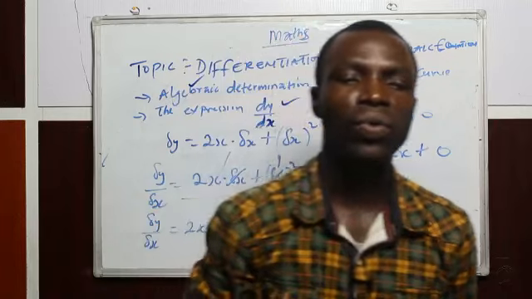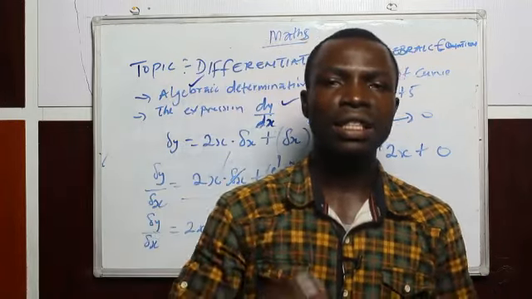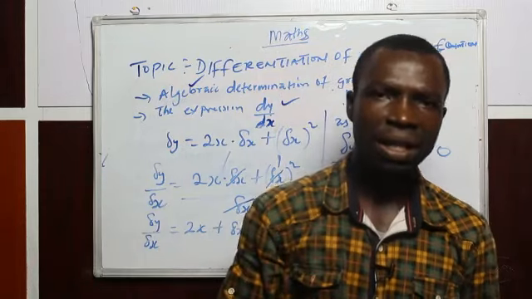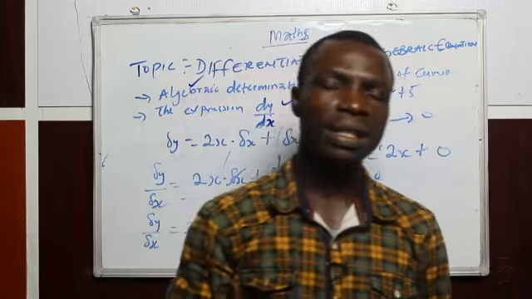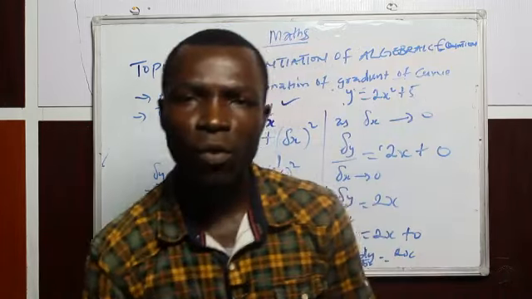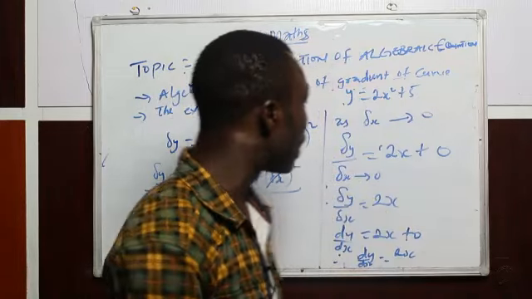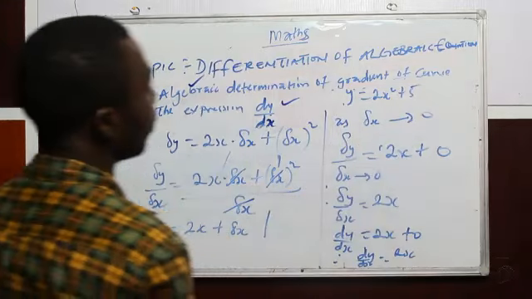I would like us to do few evaluations so as to know how far we understood differentiation. Differentiation involves an expression that will find its derivative, which involves the gradient of the line. As we have shown here, we have y equal to 2x² plus 5.